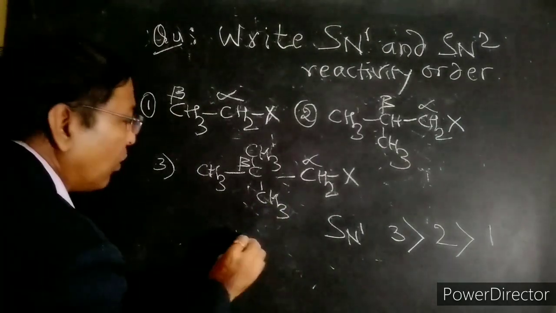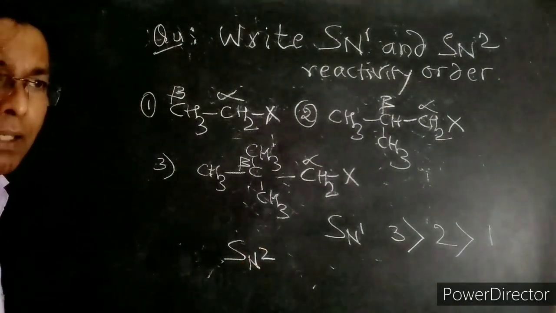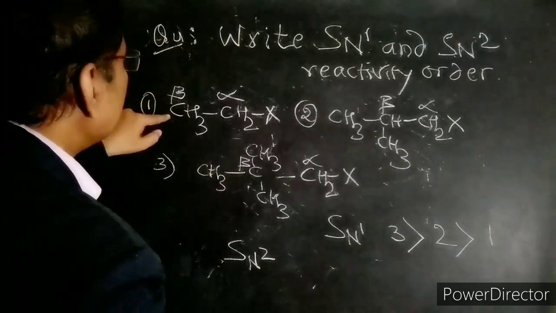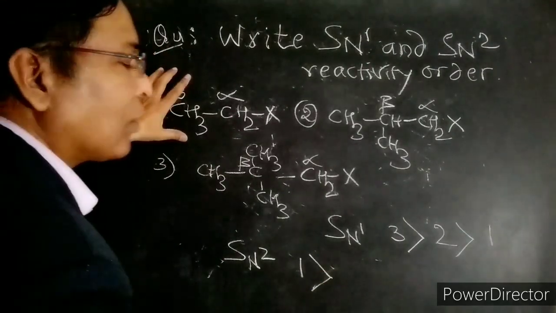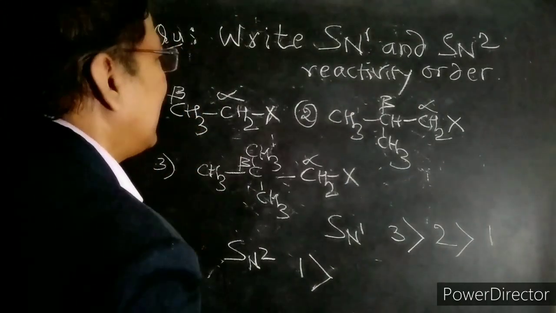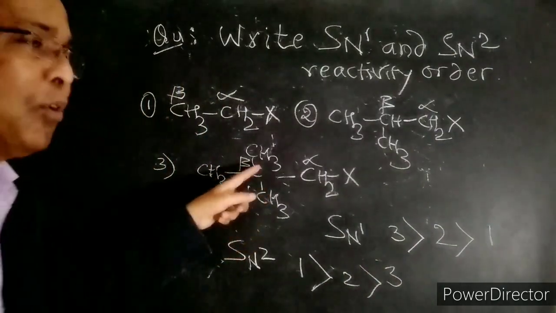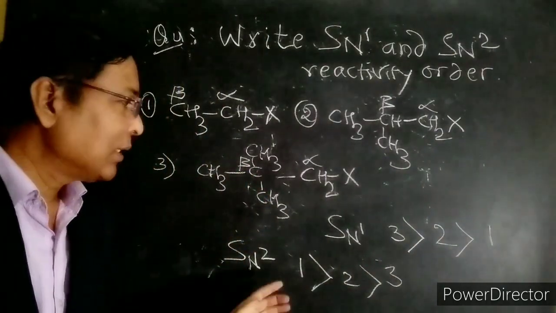And for SN2 reactivity order, as branching increases, SN2 reactivity decreases. Therefore, this molecule 1 has less branching, therefore it undergoes SN2 reaction very rapidly, then second, then third. As the third has more branching, it will not undergo SN2 reaction fast.